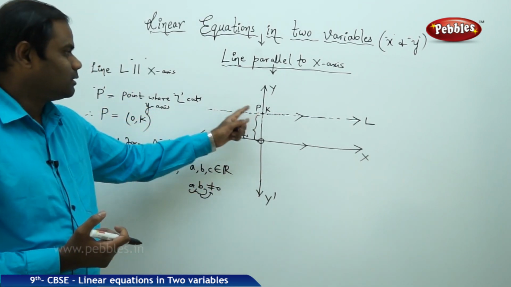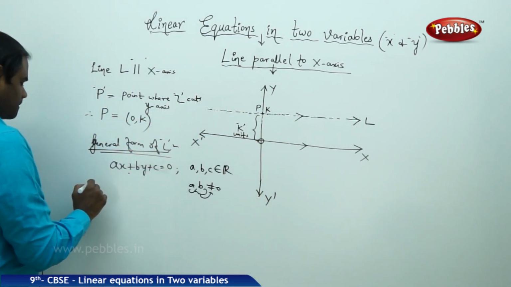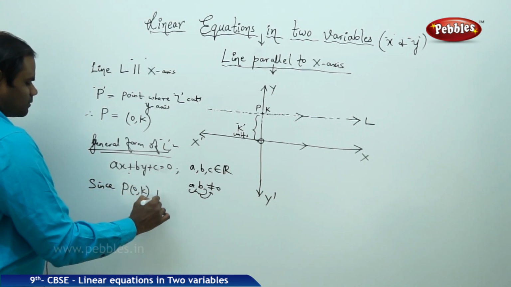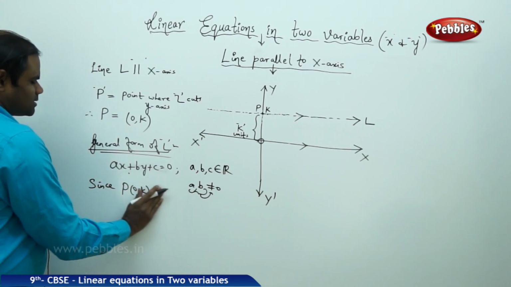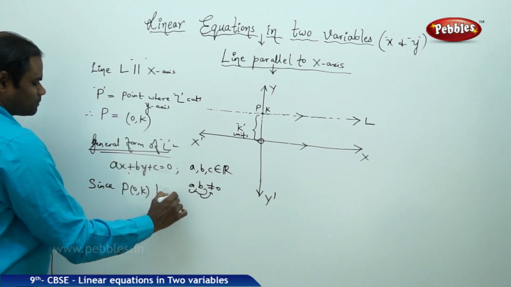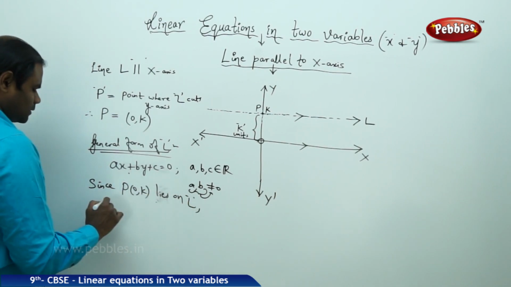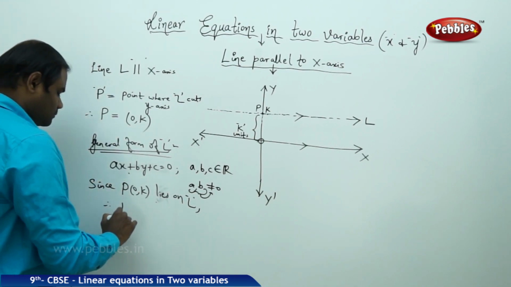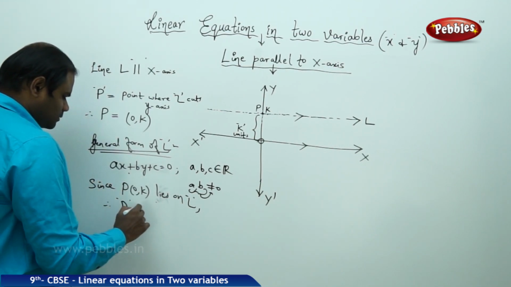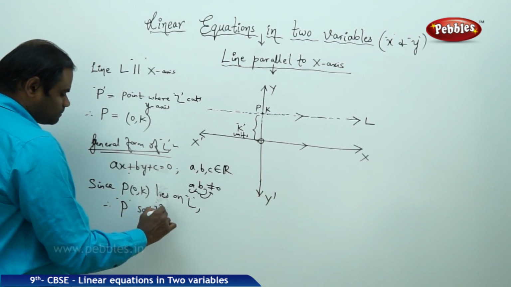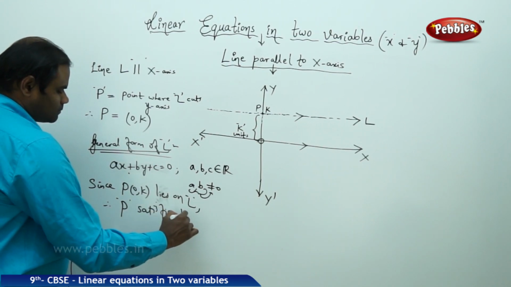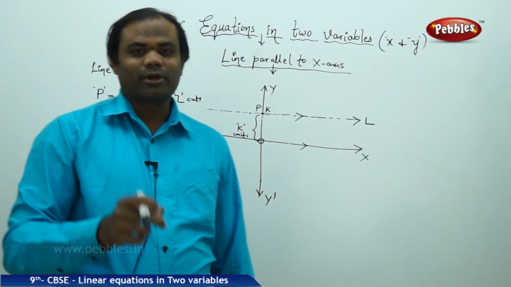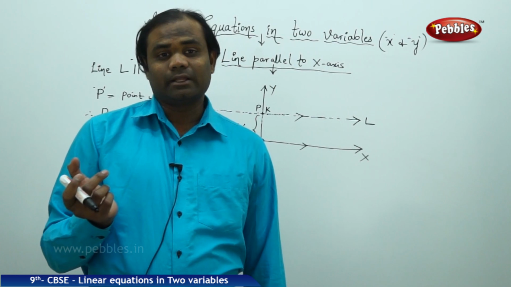Therefore, P lies on L. Since P (0, k) lies on line L, it must satisfy the line L. That is, the coordinates of the point P satisfy the line L.